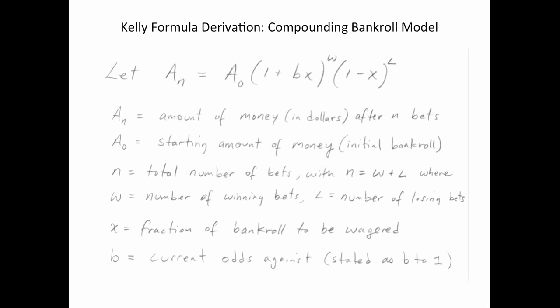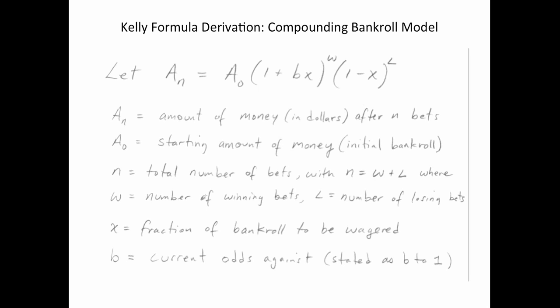Now X will be the fraction of the bankroll that is wagered at each bet, and B represents the odds that are given in a particular event or wager. They would generally be written as odds of B to 1, but we're using the value B when it's written in that form, B to 1.